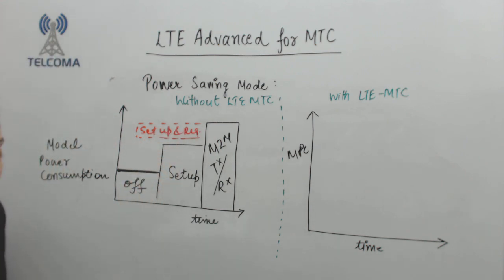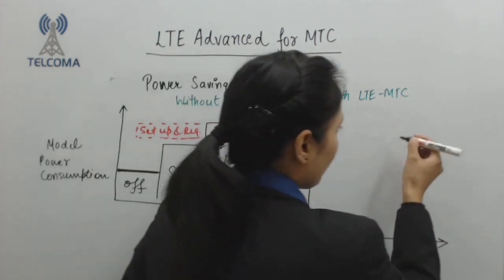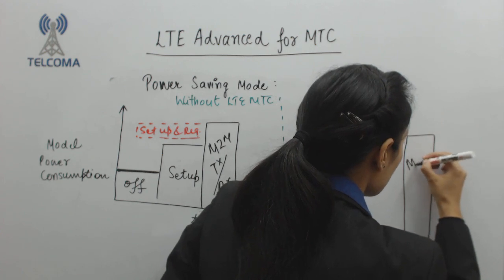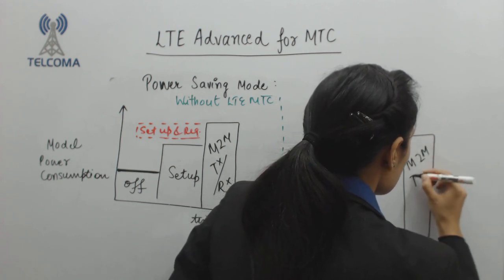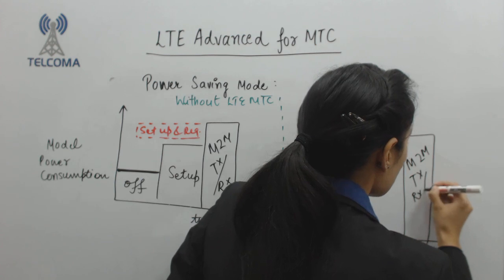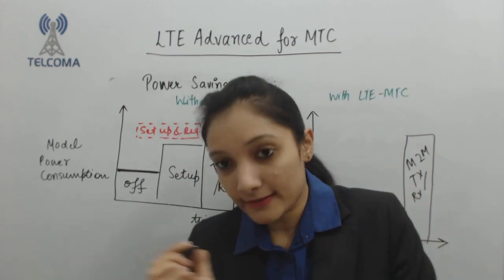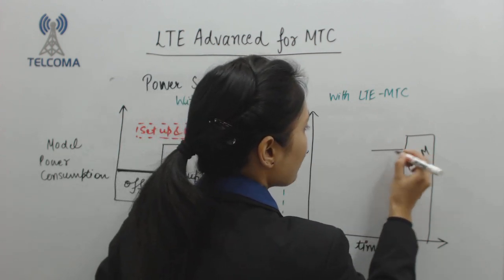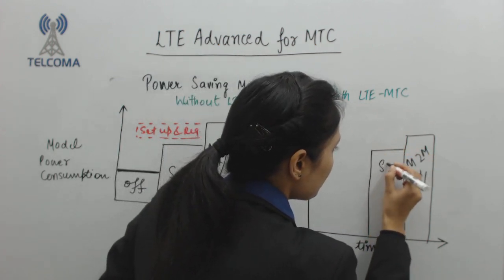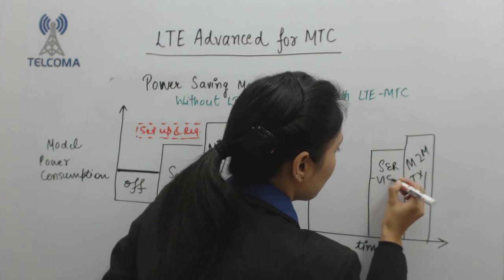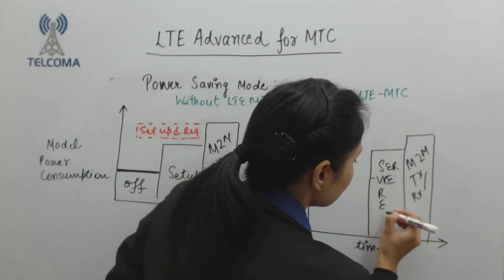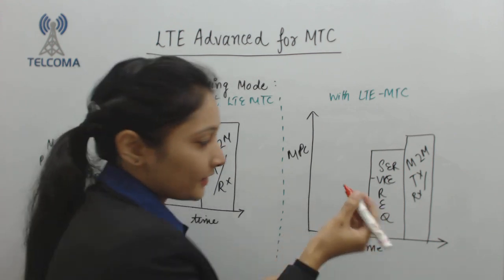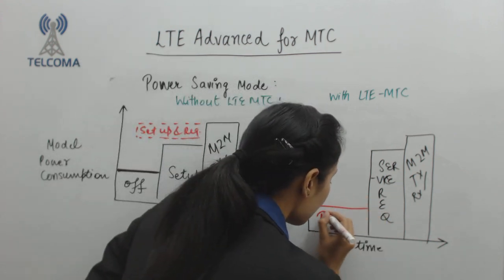Now, in my with LTE-MTC case, I will also have this machine to machine transmission and reception. Instead of this setup, I will have simply the service request, and then I will have my power saving mode.